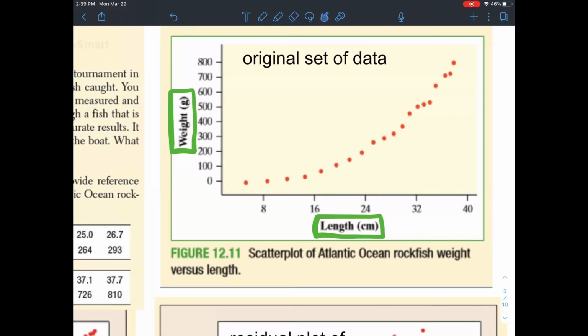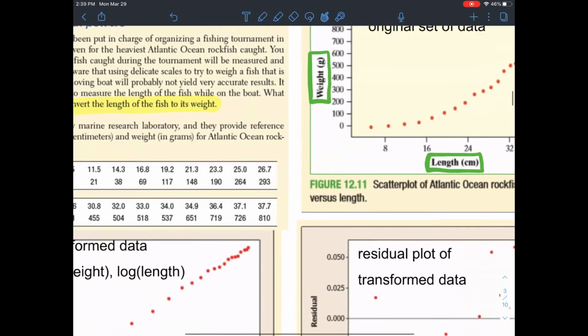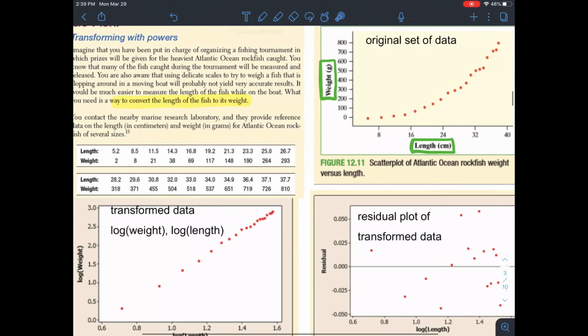The issue is I should not be running a linear regression with this original set of data, because that is not creating a linear model at all. So what we're going to do is transform this data.